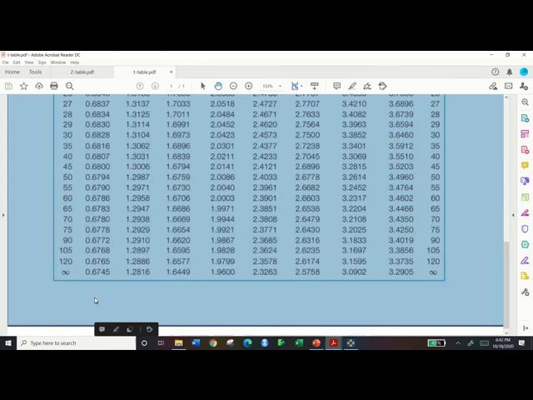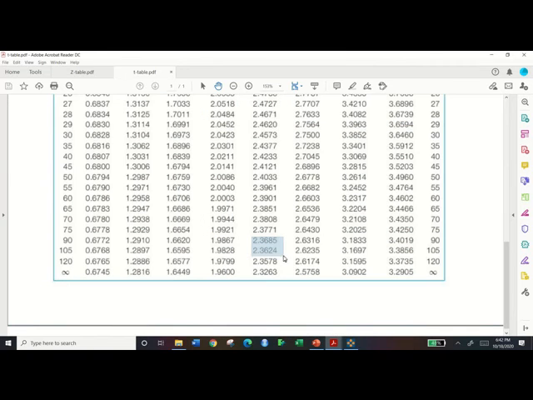So if you notice that the critical value, if we had used the 90, would have been 2.3685, and we used 2.3624. So the difference between these two critical values is less than 100th.